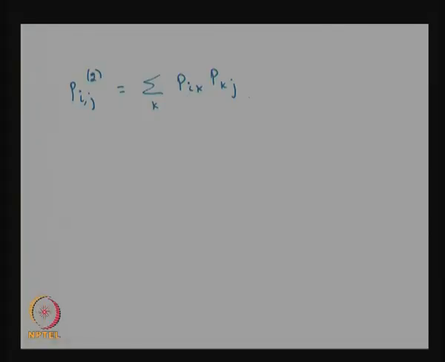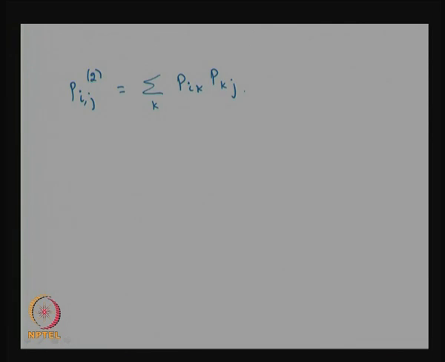Therefore, the left hand side, the 2-step transition probability of i to j, is the same as the sum over all possible values of k of the one-step transition probability of the system moving from i to k and the one-step transition probability of k to j. This product gives the 2-step transition probability of the system moving from the state i to j, summed over the possible values of k, the system moving from the state i to k and k to j.